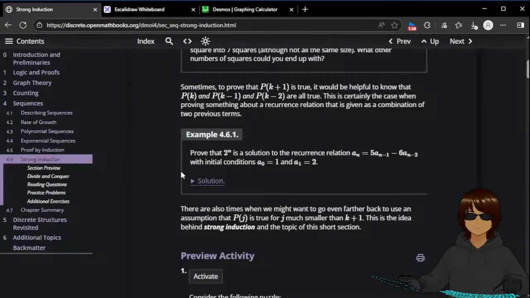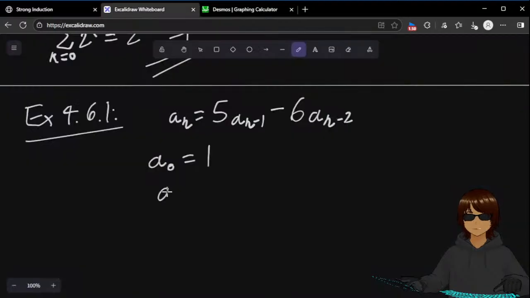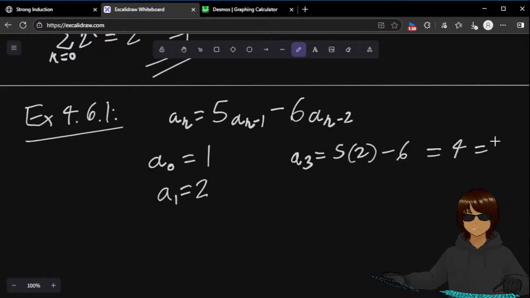So A0 is 1 and then A1 is 2. So A3 is 5 times 2, 6. Right, which is 2 to the power of 2.